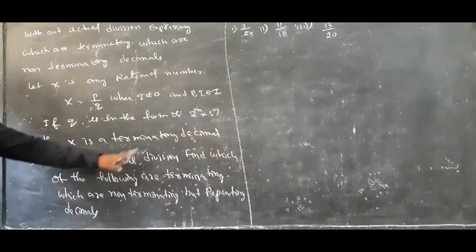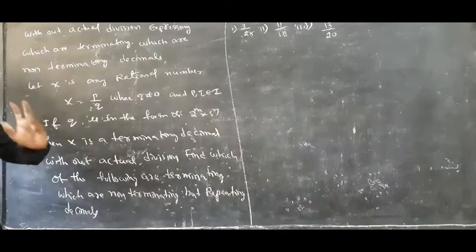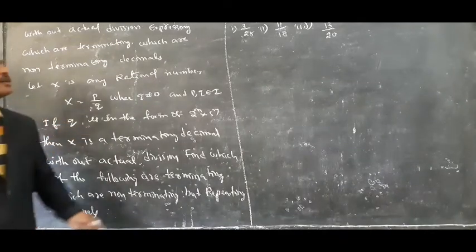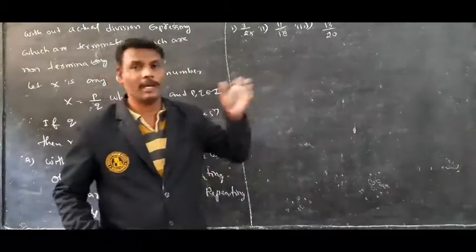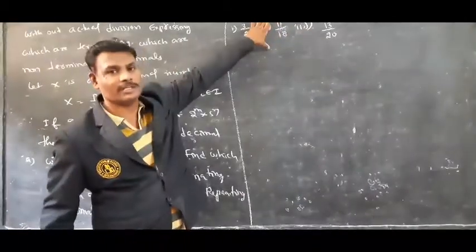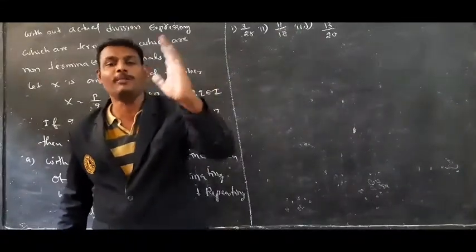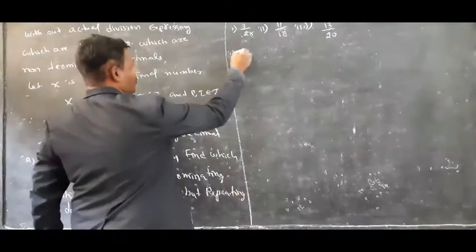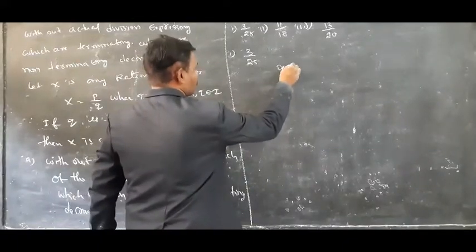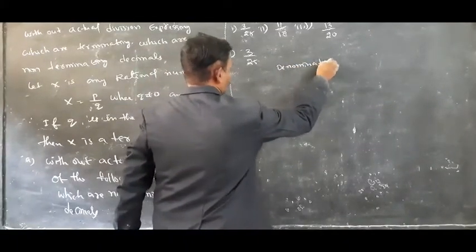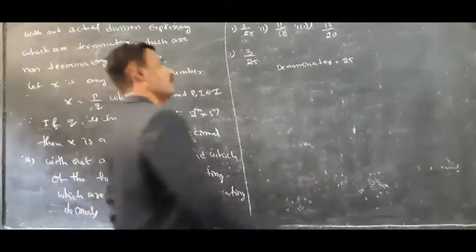Without actual division, find which of the following are terminating and which are non-terminating but repeating decimals. Here are the questions: 3 by 25, 11 by 18 and 13 by 20. Don't use the division method. First question, 3 by 25. First you have to take the denominator, which is 25.